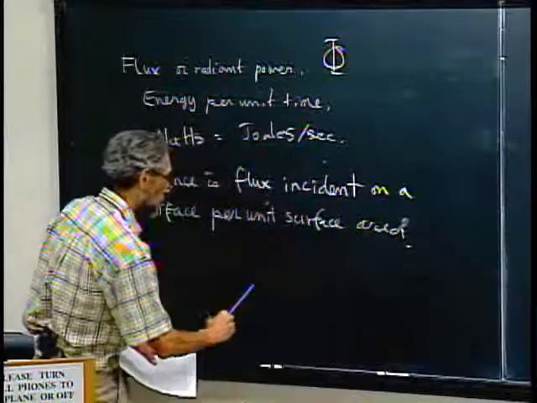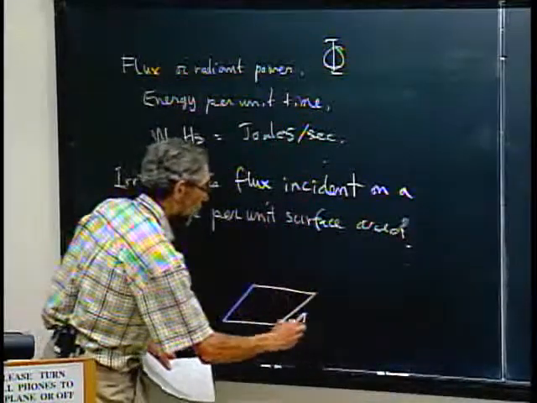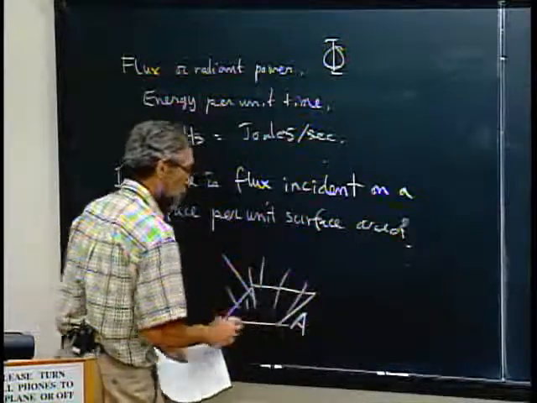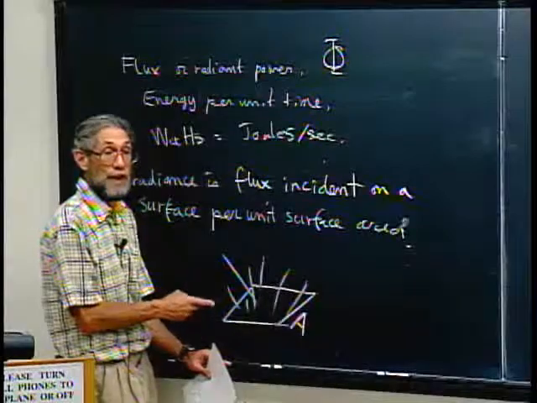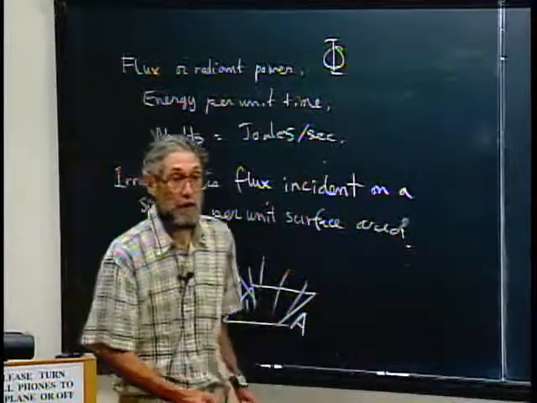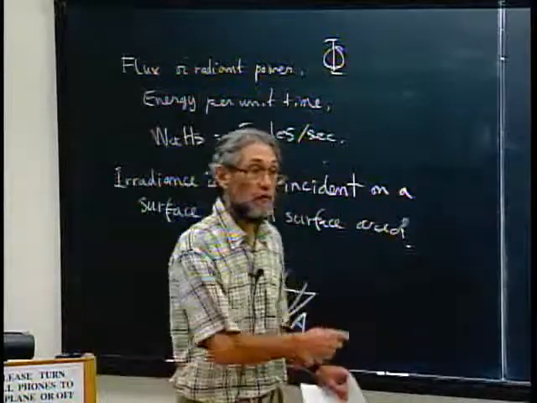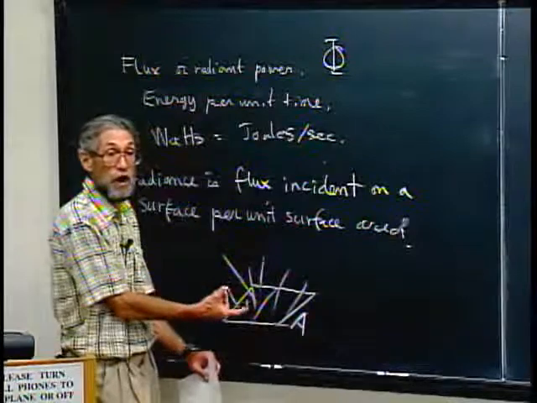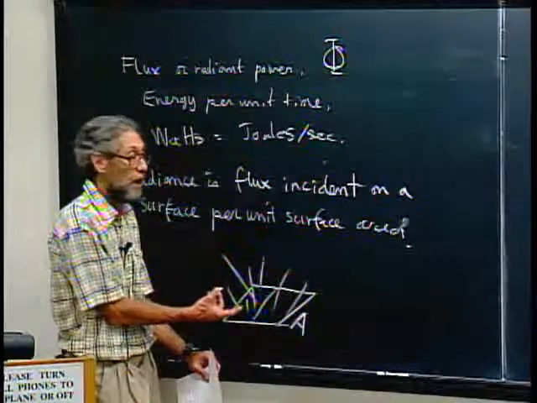So if we have a piece of surface area here, A, and we have photons coming from all directions and hitting it, and we measure how many hit it per second, that's flux. Then we divide by the area, and that's irradiance. If these are coming randomly, with half the area we'd have half the flux, but we'd still have the same irradiance.